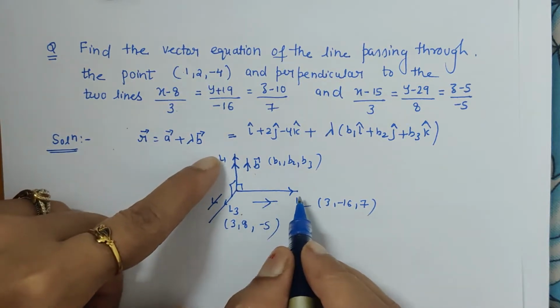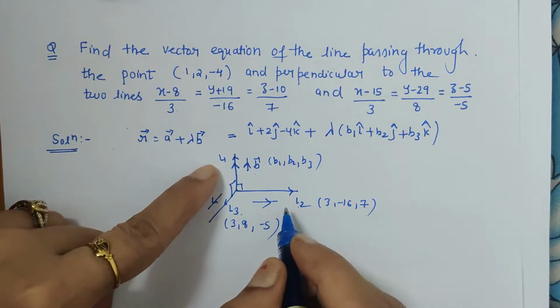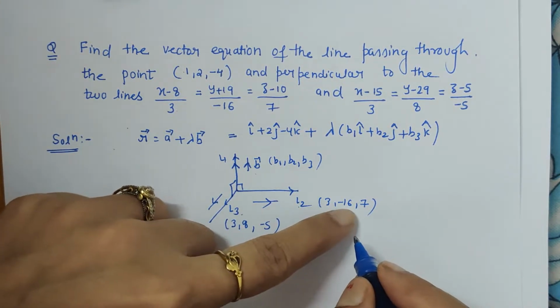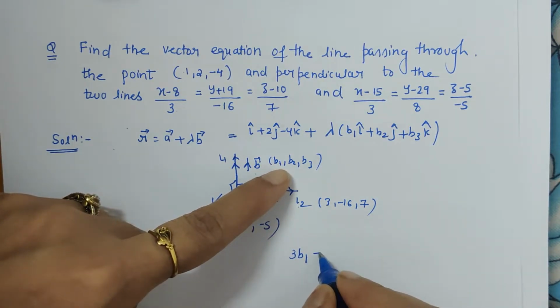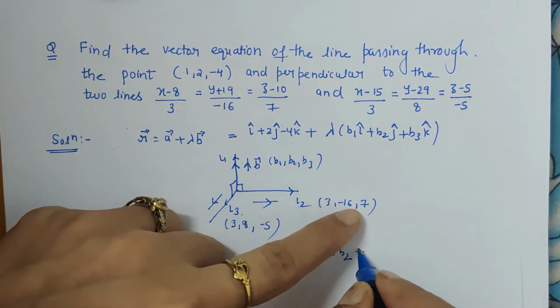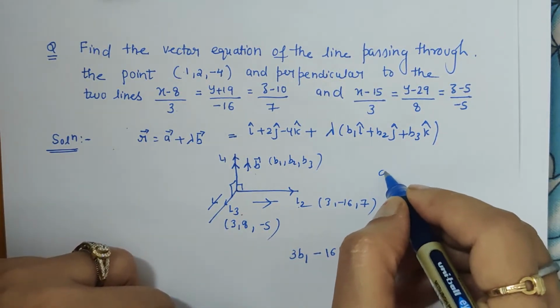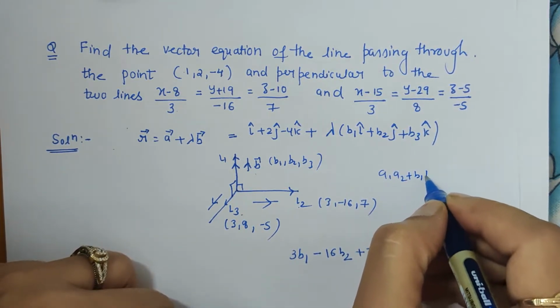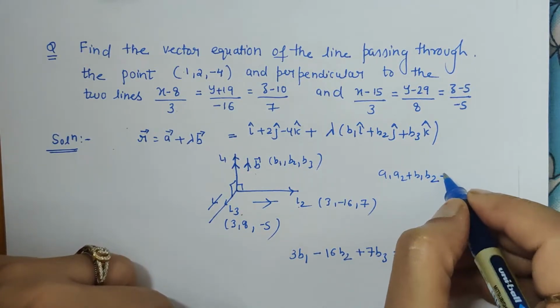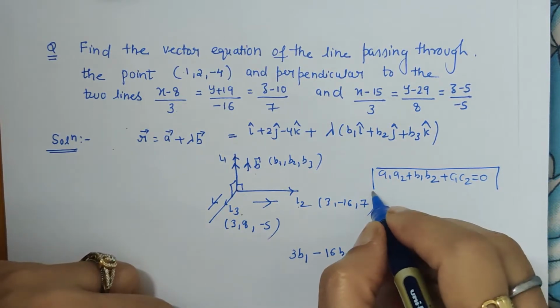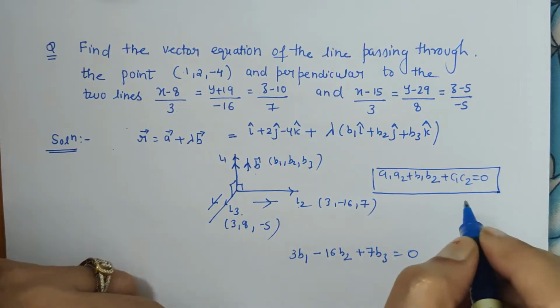So let's write it in that form. Since L1 is perpendicular to L2, we will have 3 times b1 minus 16 b2 plus 7 b3 equals 0. As per the condition a1a2 plus b1b2 plus c1c2 equals 0, which I have already discussed in a previous video: when two lines are perpendicular, the sum of the products of their direction ratios is 0.